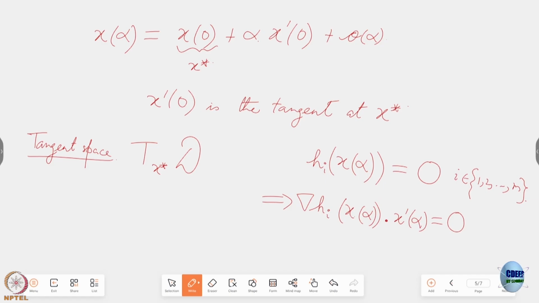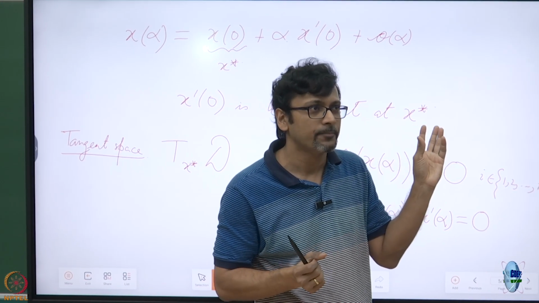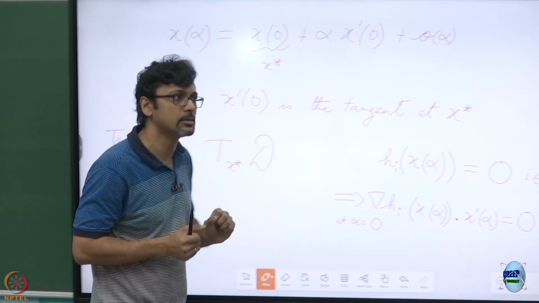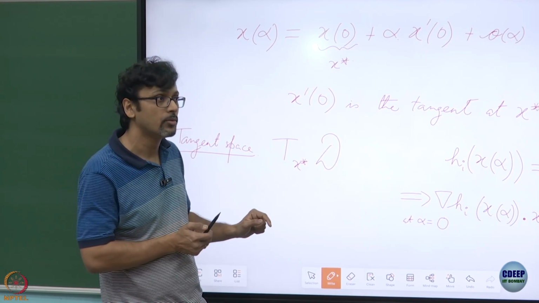Yes. Now, plugging in alpha equal to 0, because I am concerned about the tangent space at x star. It's like a very small local tangent space. In fact, it's a subspace. We'll see that shortly when we characterize this. That's what we are trying to do now with all of this.